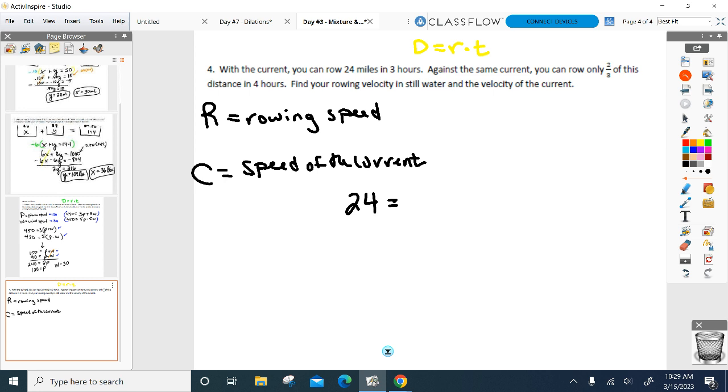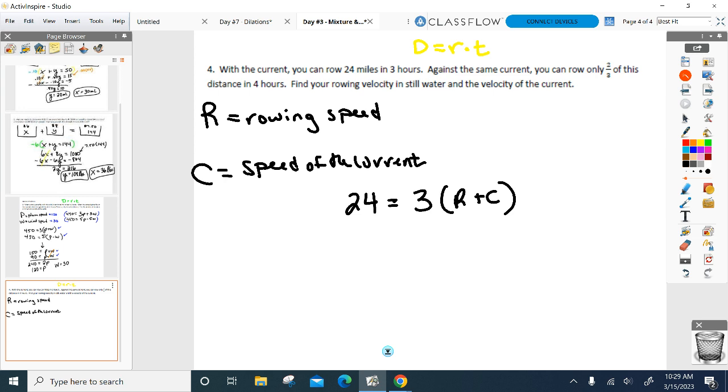Just like we were going with the wind in the last problem, now we're going with the current. So I want to take my rowing speed and add it to the current. How long does that take me? 3 hours. Times 3.